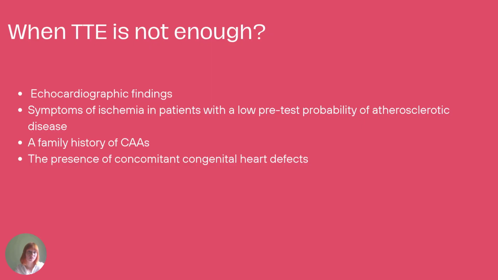So, one more time, when transthoracic echo is not enough, in case of any specific or probably specific echocardiographic findings, in case of symptoms of ischemia, family history, and presence of concomitant congenital heart defects.